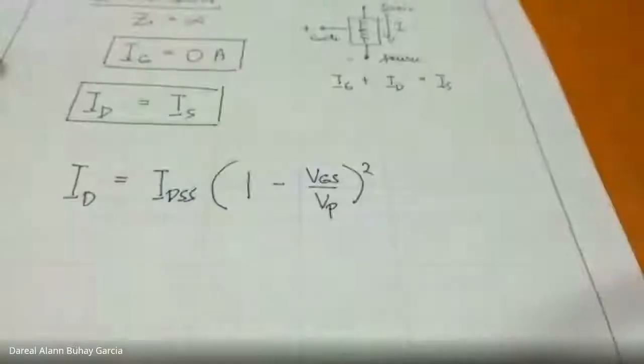ID is equal to IDSS times the quantity 1 minus VGS over VP, squared.